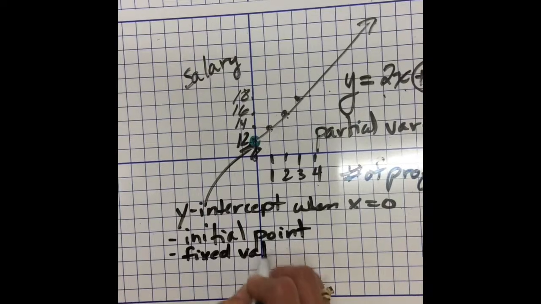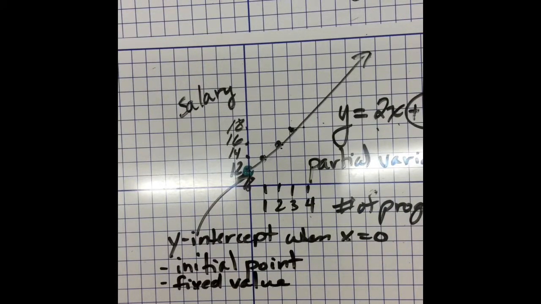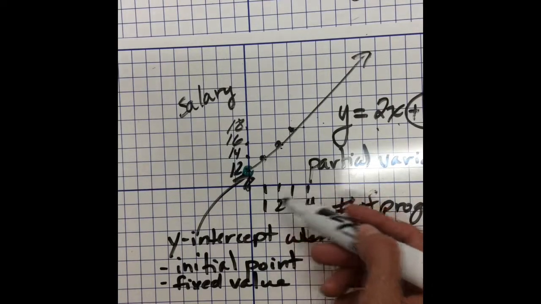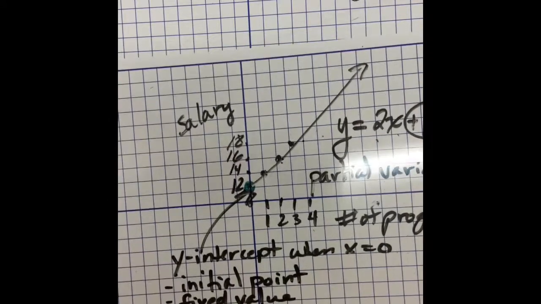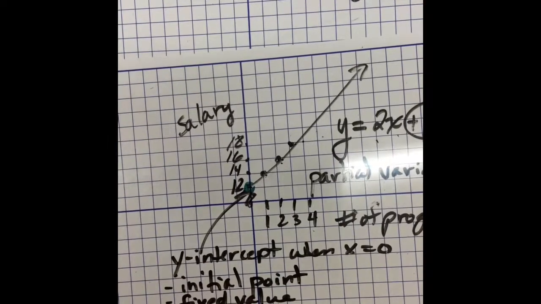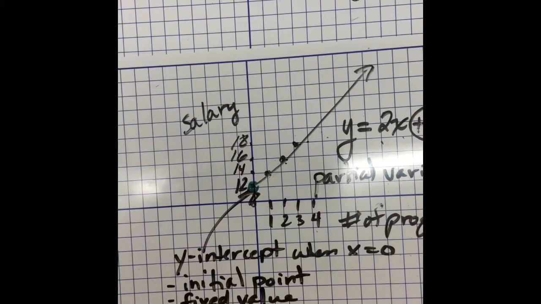So we can say that the fixed value for doing this work is $12. And then it all depends on how many programs you sell. And so the y-intercept is when the x value is 0. The initial point, the fixed value. These all mean the same thing. And this is the difference between direct variation and partial variation.